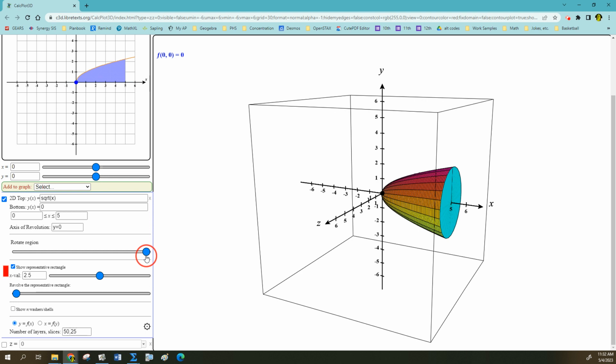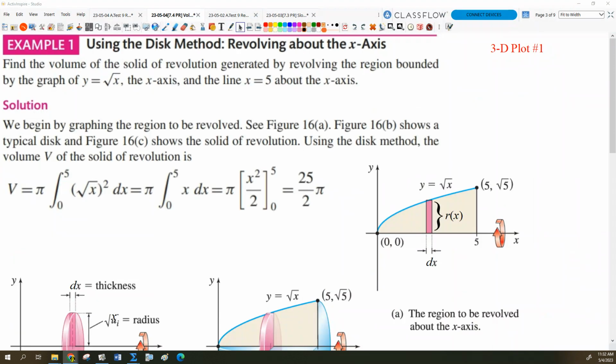Well, it looks like it does actually give you finite pieces, but imagine that those are infinitesimally thin, then it's going to perfectly match the exact volume, right?